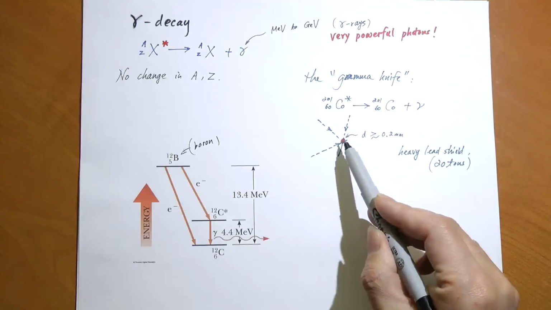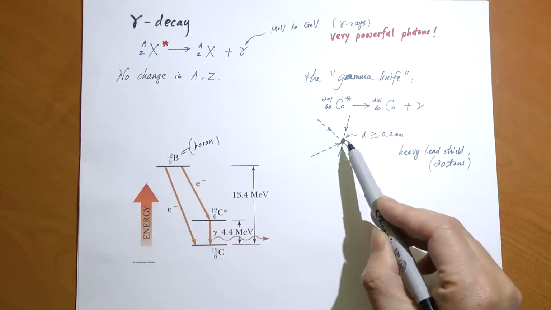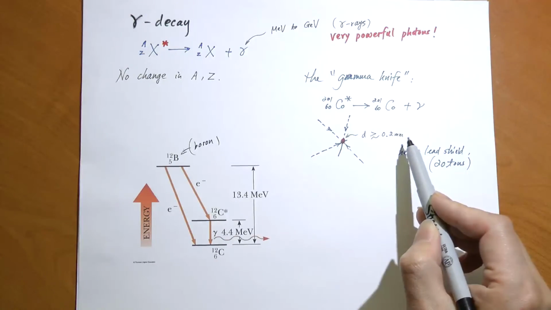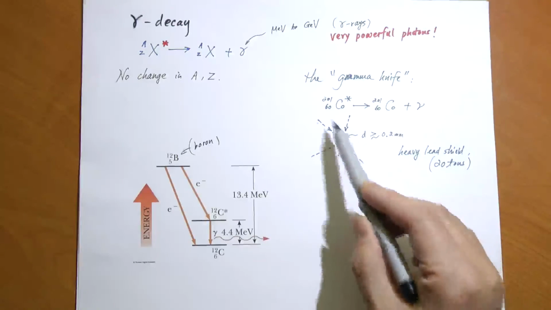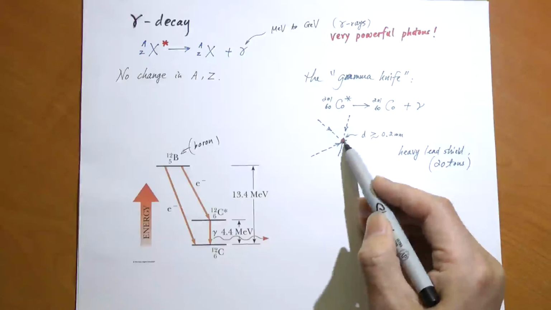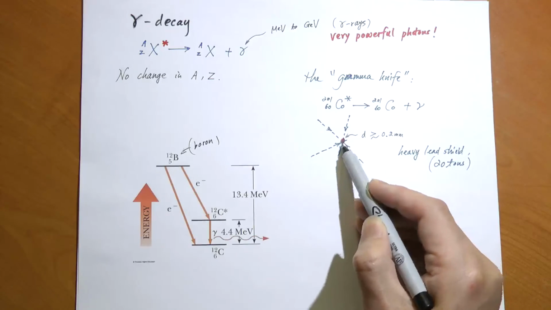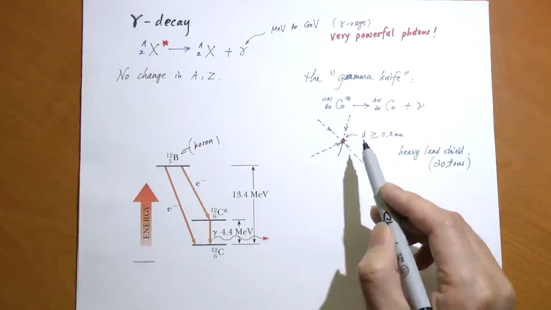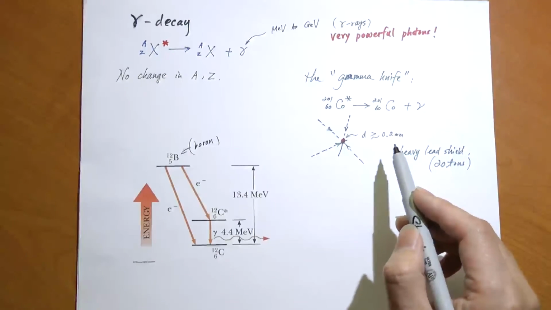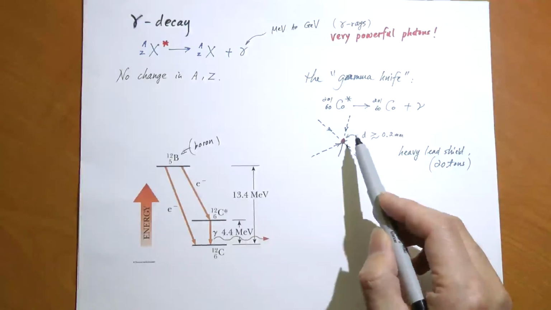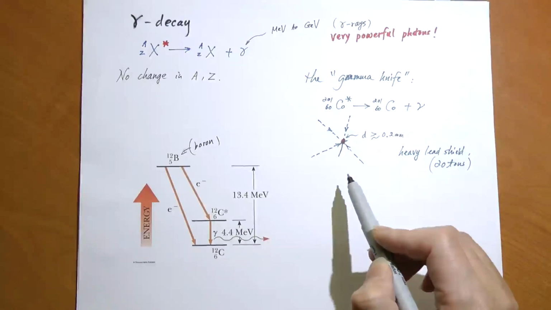If there's a small tumor in the brain, whose diameter can be as small as 0.2 millimeters, then by focusing multiple beams of gamma rays, there will be a region of very strong radiation which happens to coincide with the location of the tumor. You can destroy the tumor that way without opening the skull. Think about that. So it's a painless procedure that is highly effective for treating early stage brain tumors.